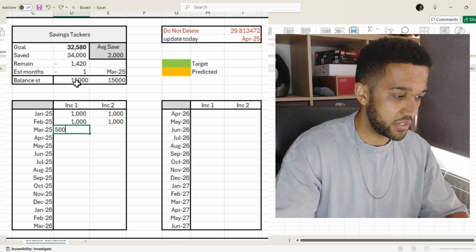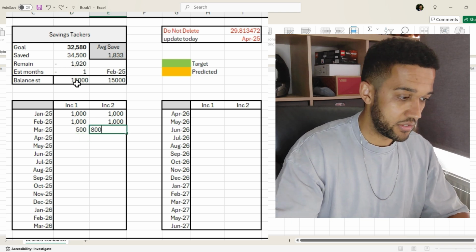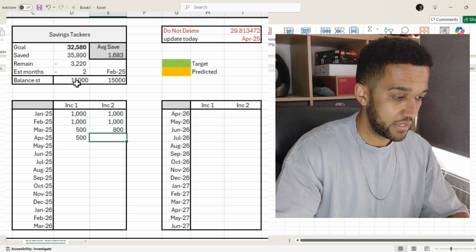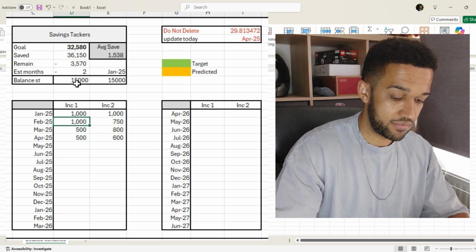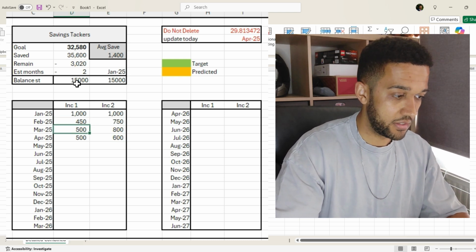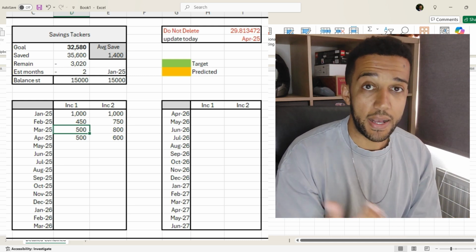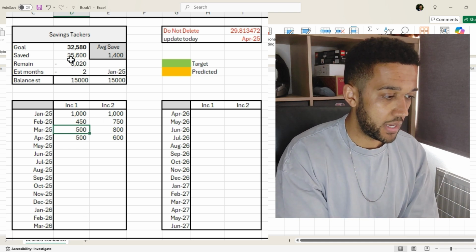I can't remember what I've done recently. 500, 800. Let's keep it realistic. 750, 450. There we go. Something like that. So as you can see, what this then shows is how much is left in the goal overall.